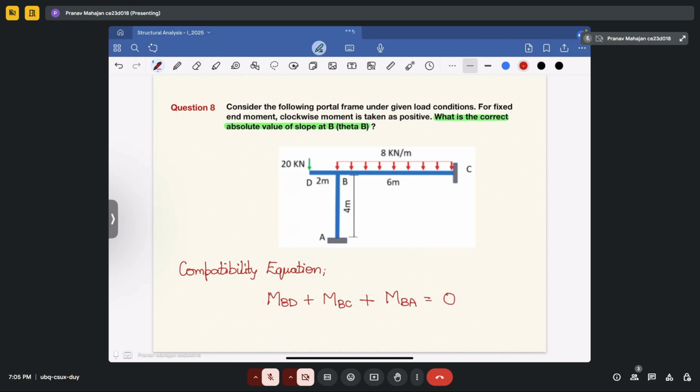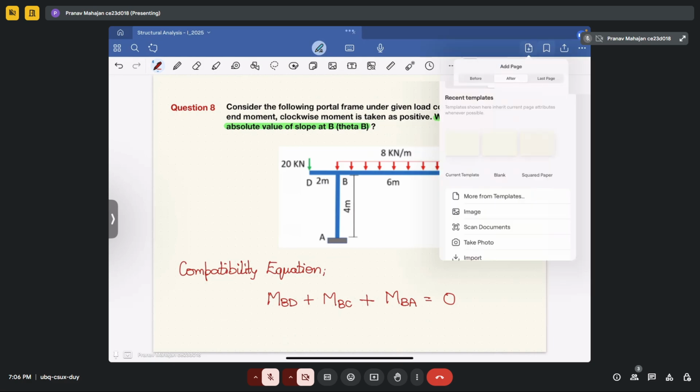Okay, because it is a hinge that is provided in between, and in hinge the summation of moment comes out to be equal to 0. So we need all these three moments, then we will add up, and whatever the unknown in the equation comes, that will become your slope, or you can say theta B.